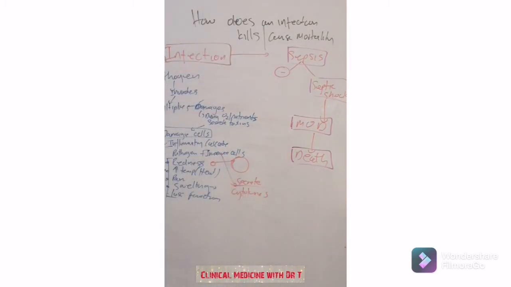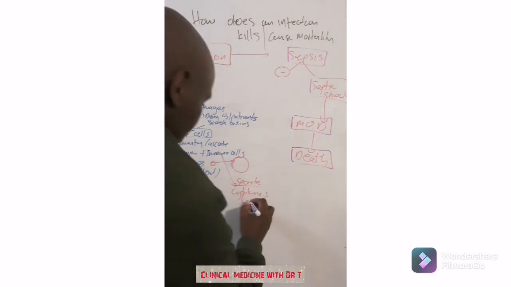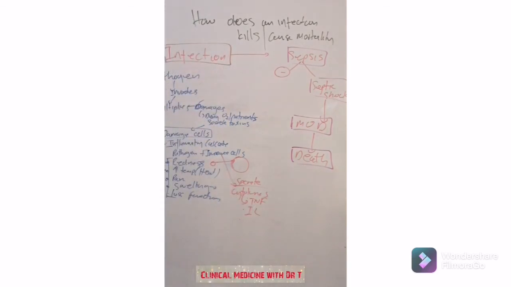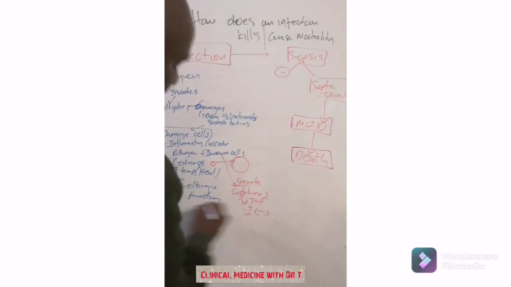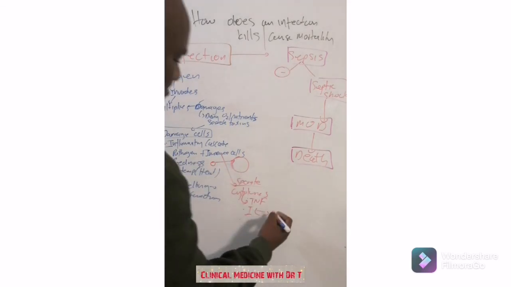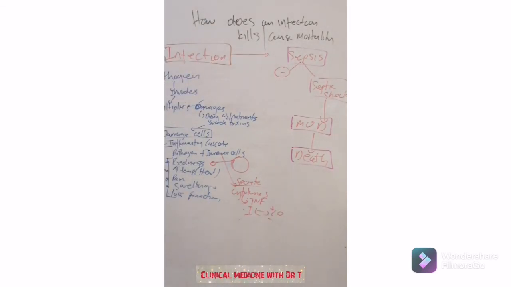And there are many cytokines. I'm just going to mention a few, like your tumor necrosis factor, your interleukins. I think there's interleukin 1, interleukin 2, 3, 4. I think there are about plus minus 20 interleukins out there.